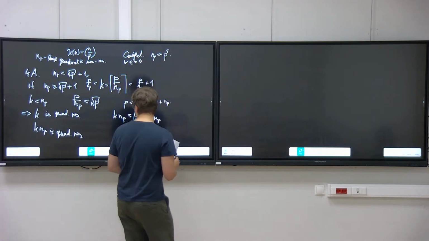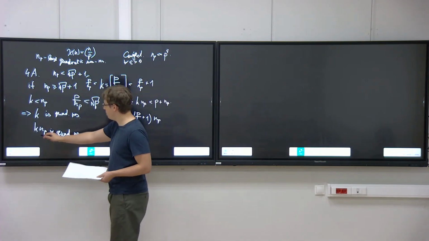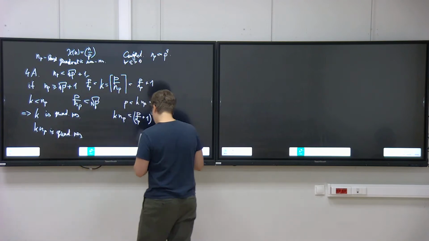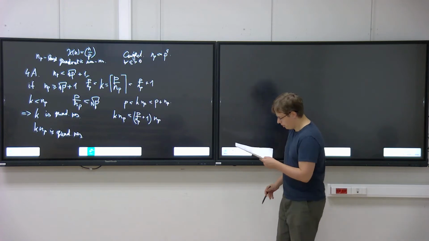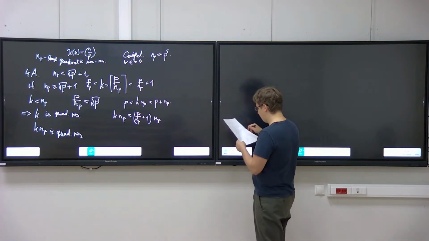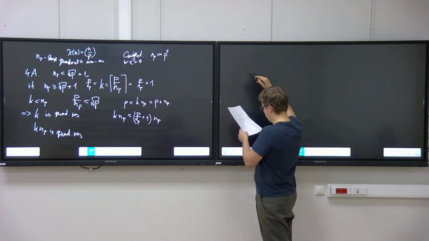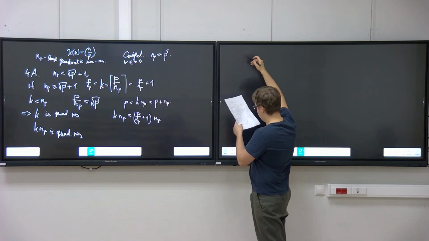Okay. This is a contradiction: NP is not a quadratic residue. But now we want to prove a bit more, and it's a bit more ingenious.